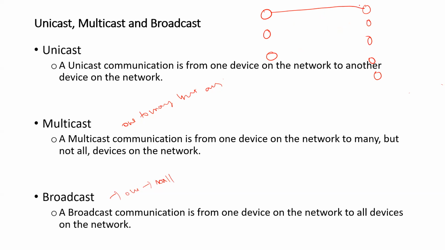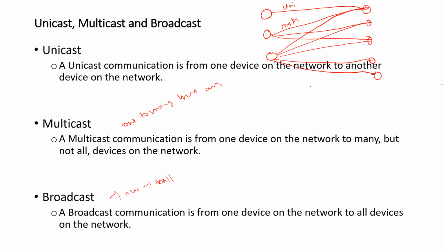Multicast is one to many, but not all, this one but not all. And broadcast is one to all, which means this one to this, to this, and to this network, and to this also. Is it clear? This is called broadcast.